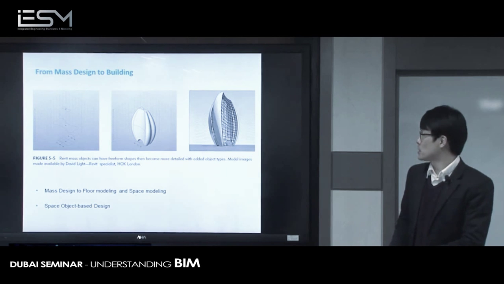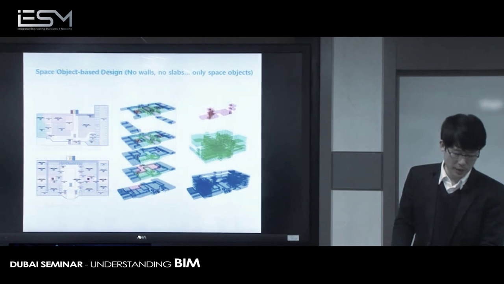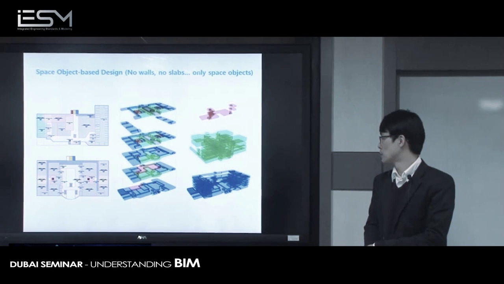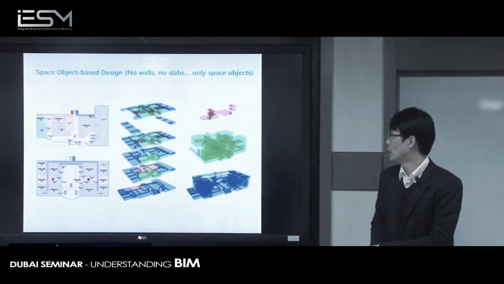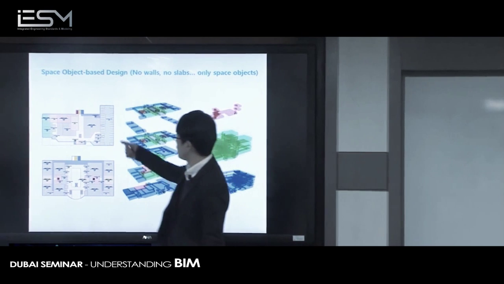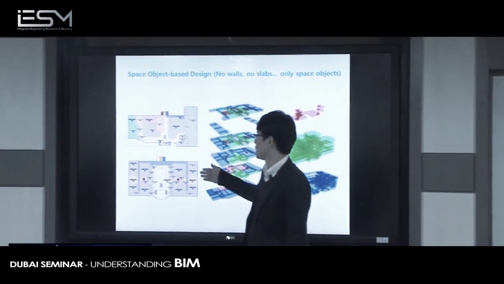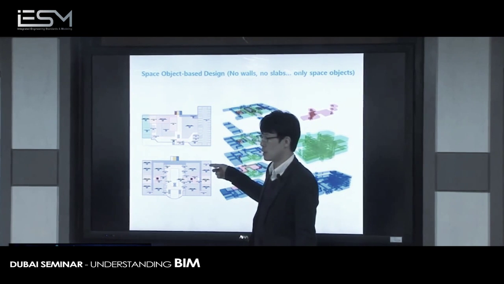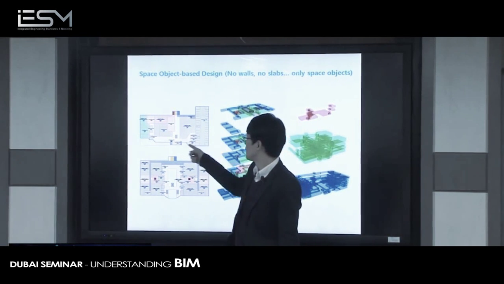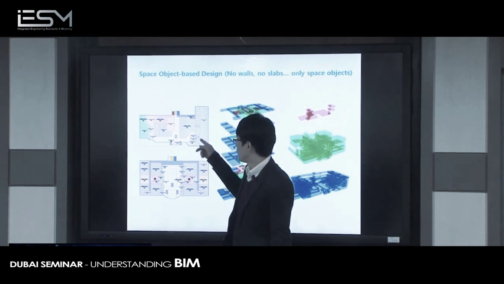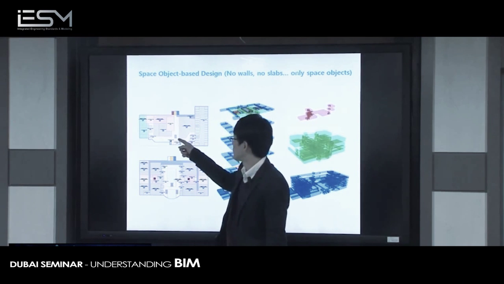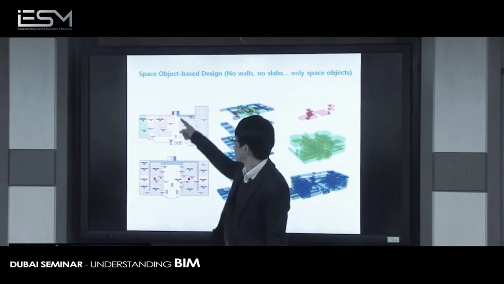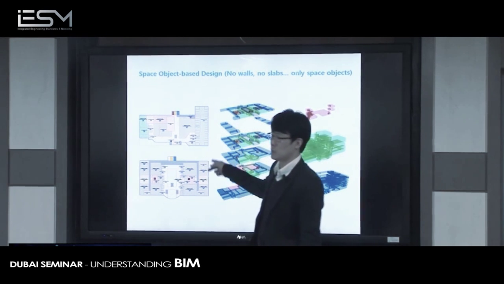This was building mass to building design, but this slide shows space objects, a kind of room-based design. As you see here, those two floor plans look like AutoCAD plans, but actually they are Revit plan views, Revit's geometry. In detail, there are no windows, no doors, no walls. They are just boundaries of space objects.